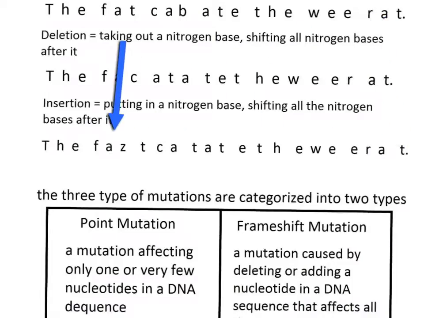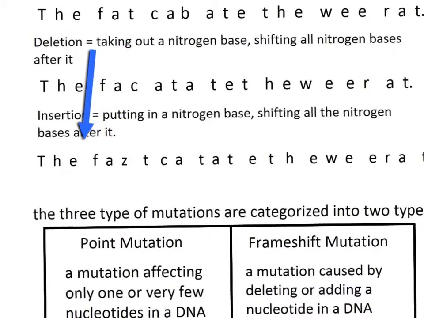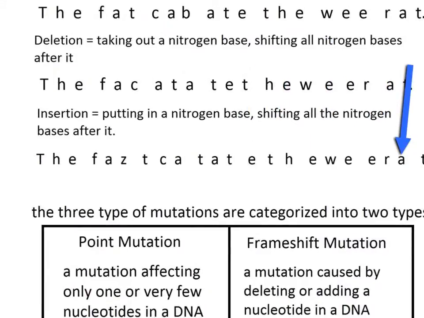So notice they're still in that triplet format where there's three letters at a time. So it's the FAZ, then the T scoots over, and then you can see TA, TCA, and here's the T. So there's cat, but it's been shifted, and then ate, it's been shifted. The wee rat.